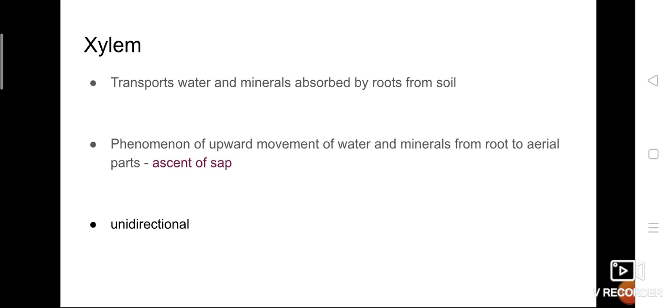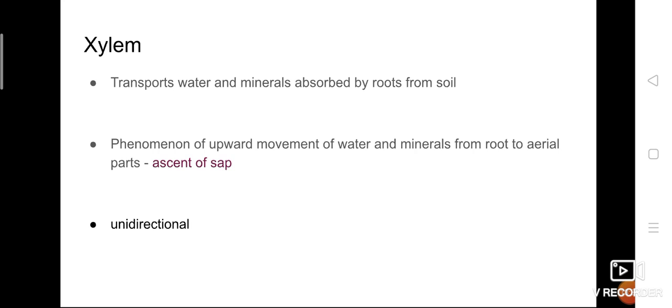So first, when we talk about xylem, the job of the xylem is to transport water and minerals absorbed by the roots from the soil. So what will xylem transport? Water and minerals. It won't transport food.